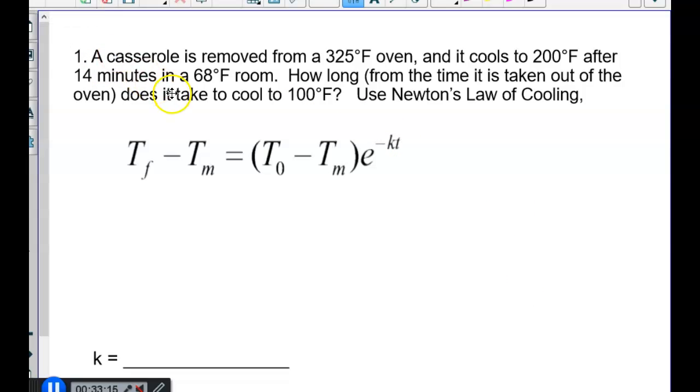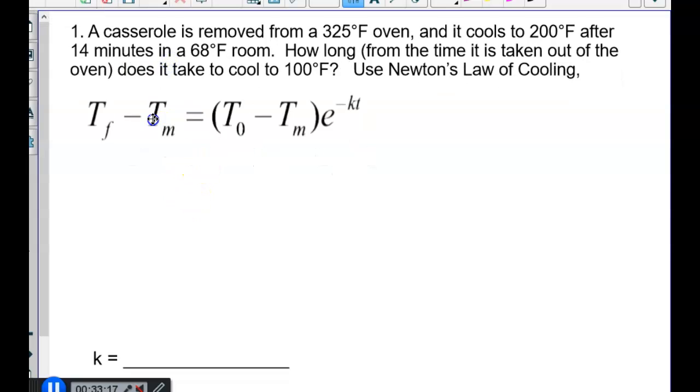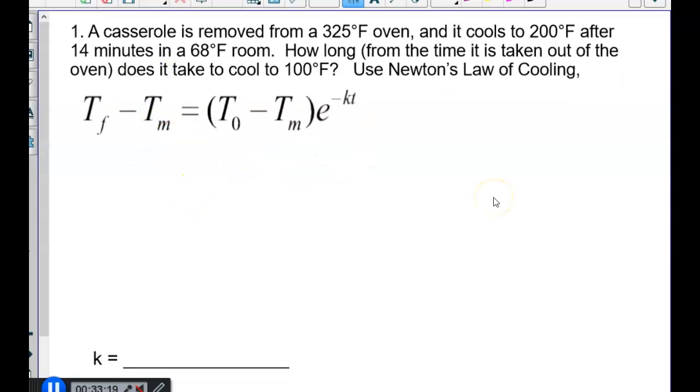So can anybody talk me through this casserole question? 325 is the original temperature, right? When it comes out of the oven, it's the same temperature as the oven. Okay?